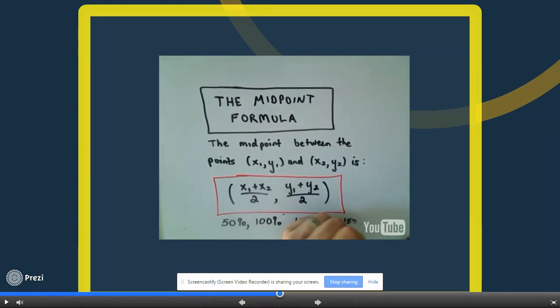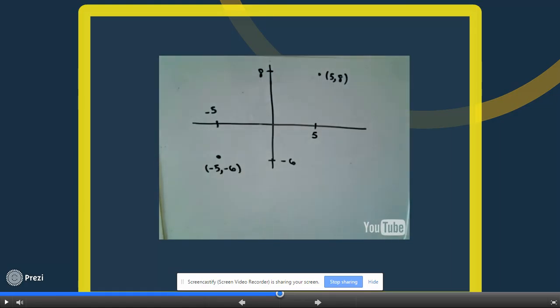So you have 150 over 2, or simply 75%. Notice a midpoint is just an average of 2 things. So if you remember it in that context, maybe it'll help you remember that you should be adding the x-coordinates, dividing by 2, adding the y-coordinates, and dividing by 2.